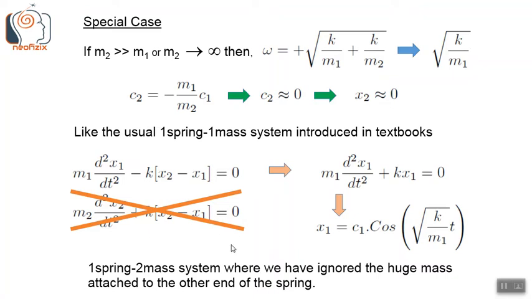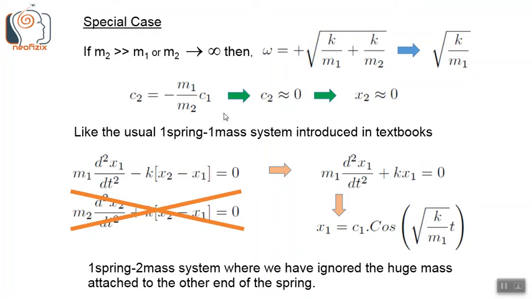Since m2 hardly moves when m2 is much larger than m1, this approximation works. If we do not ignore m1, then we get this frequency. If we do not ignore m2, then we get this frequency and this ratio of amplitudes as the solution.